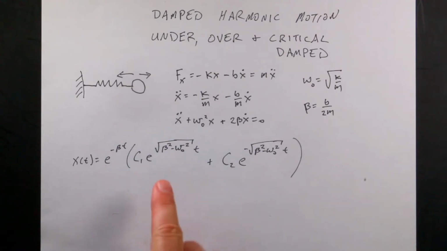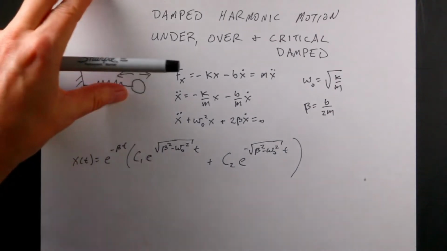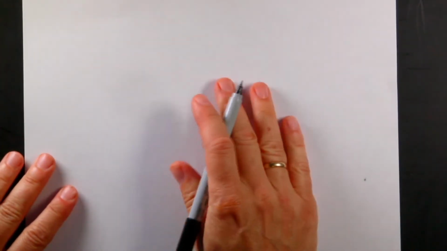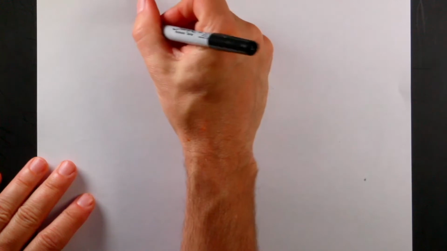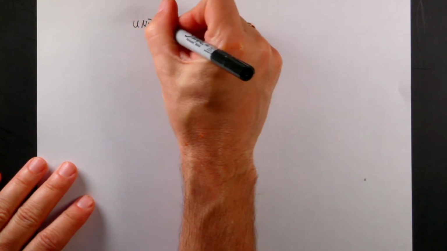And the first is, what if it is underdamped? So let's look at underdamped. You could call it weakly damped if you want.